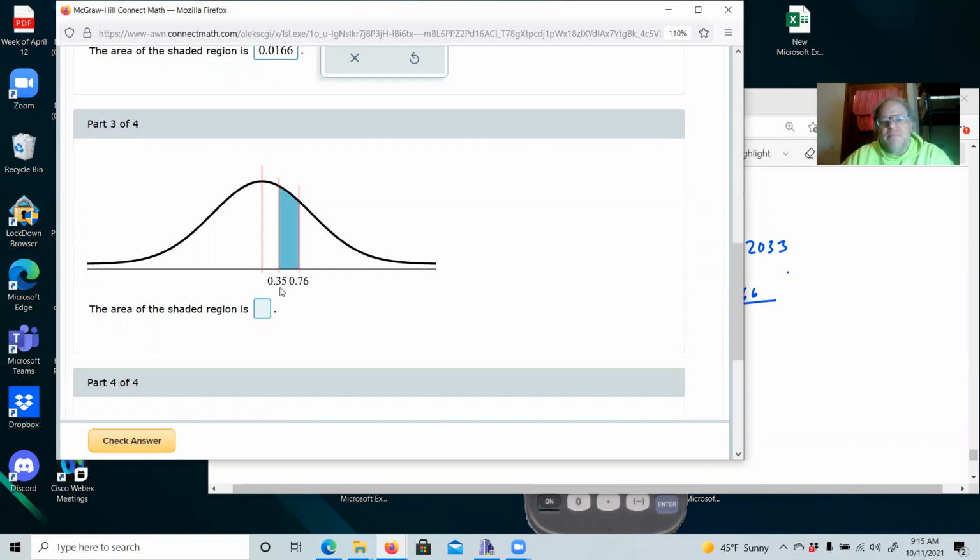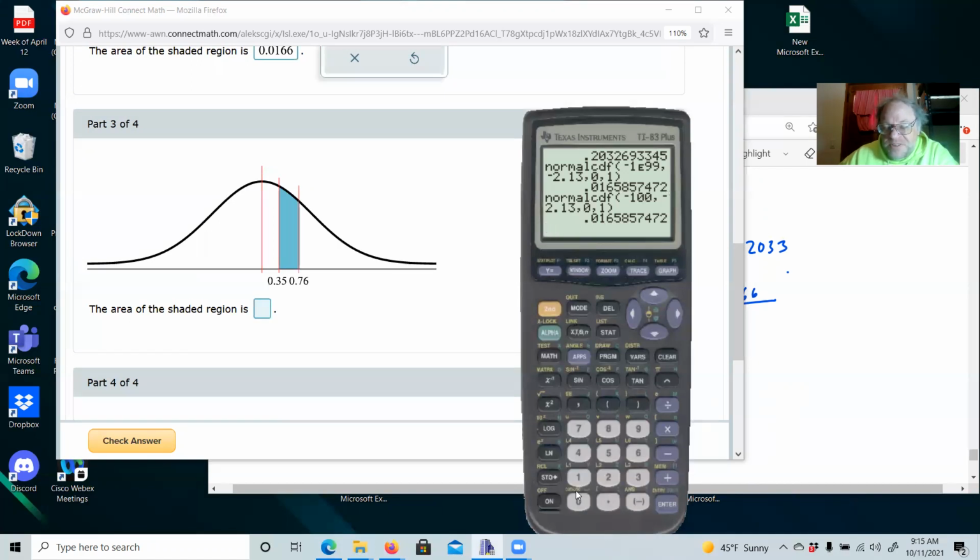Number 3. We want the area between 0.35 and 0.76. This used to be a really hard problem because we'd have to look these numbers up on tables. Not anymore. So we do second function distribution, CDF, go down to 2. The low number here is 0.35, and the upper number is 0.76. We don't need to go all the way off to infinity and beyond here.